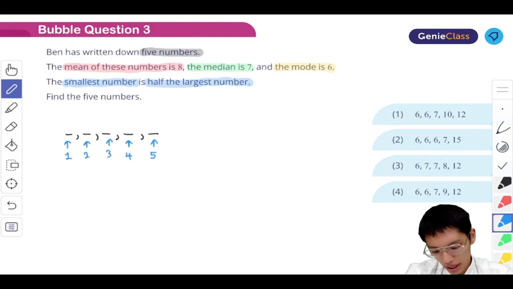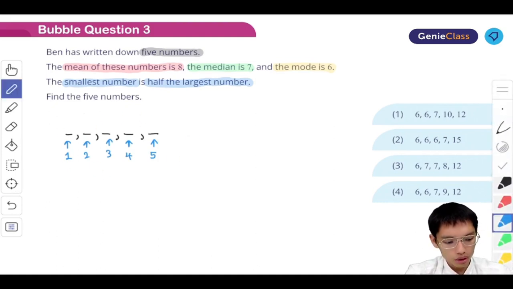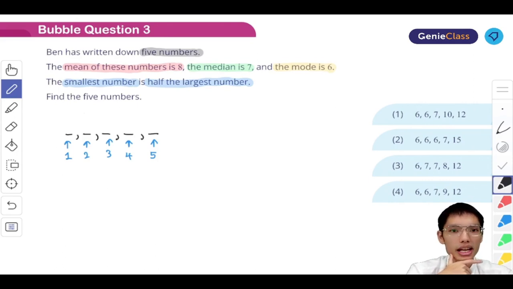What will be the numbers for any of these positions here, given that you know the mode? Does anybody want to try? For those who got it correct, very nice. Yes, we know the mode is 6, but which position will it be at? Is it number 1, 2, 3, 4, or 5?